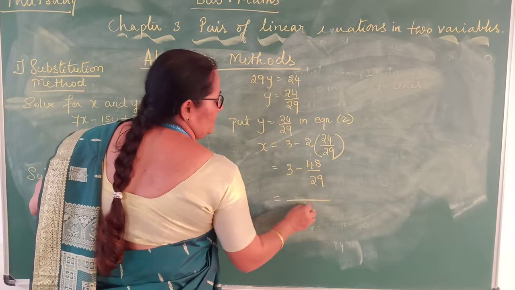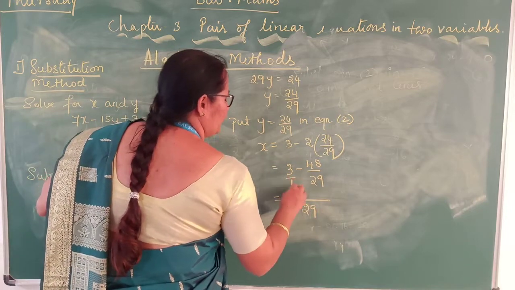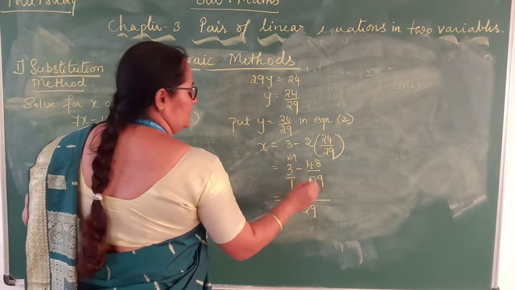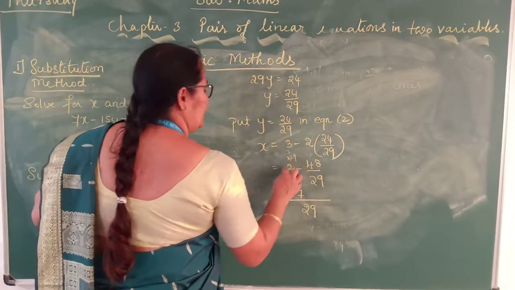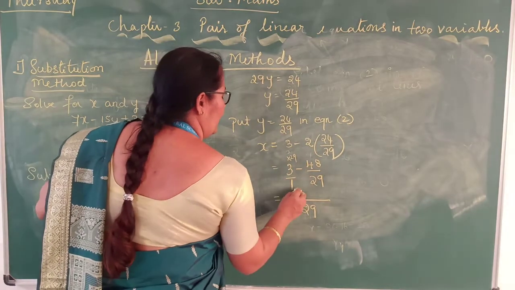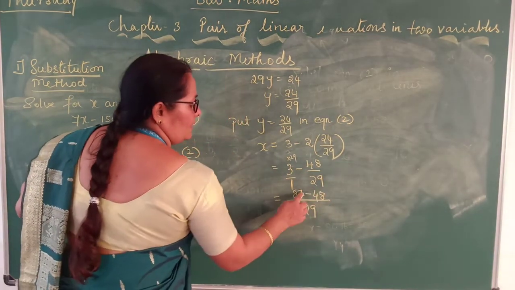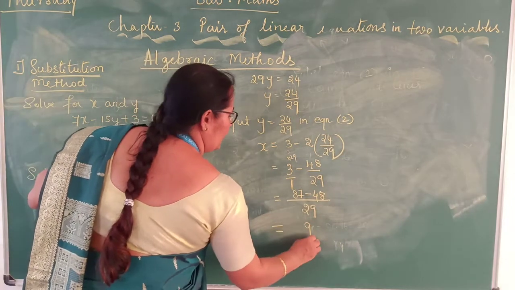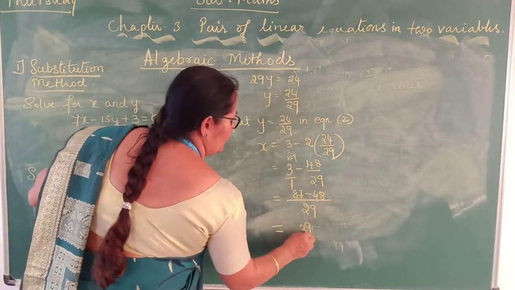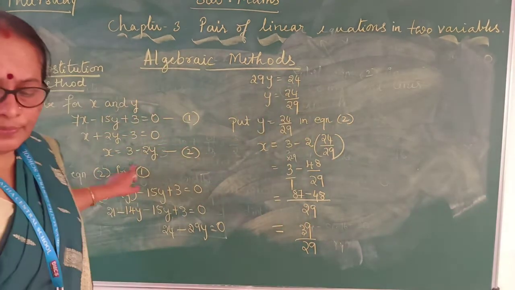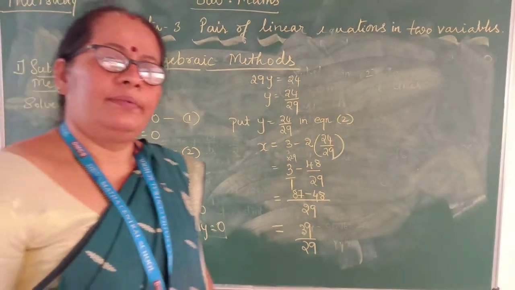So take LCM 29. 29 into 3 is 87, minus 48, so that is 39 by 29.